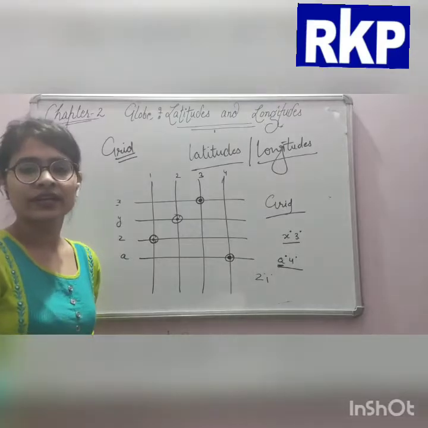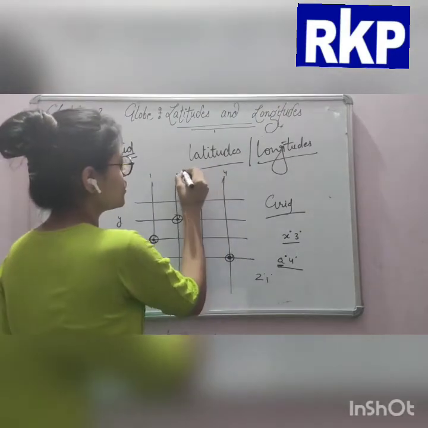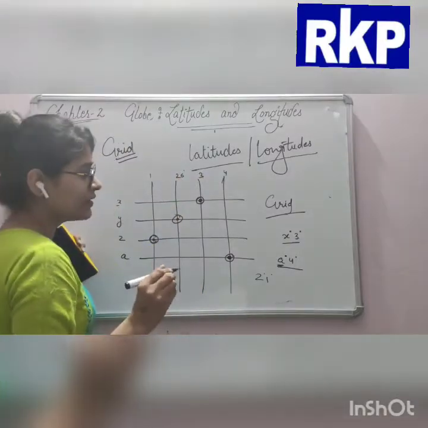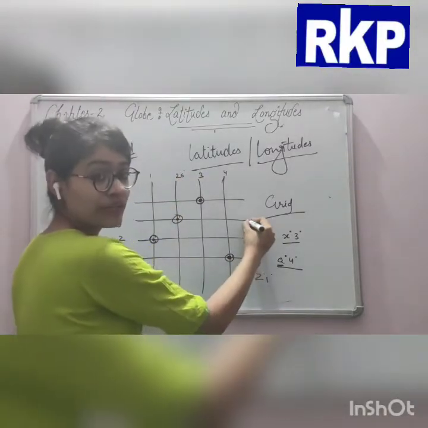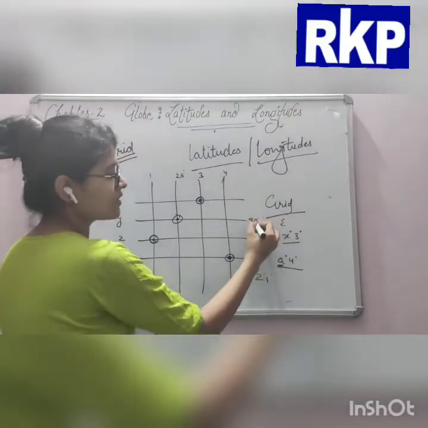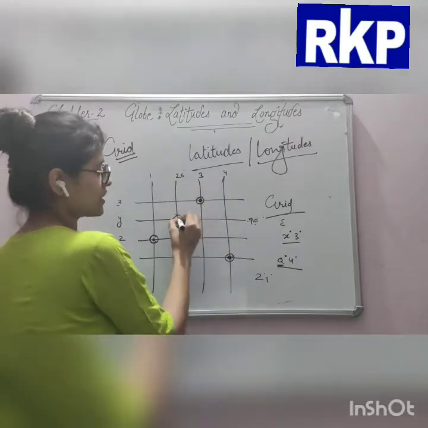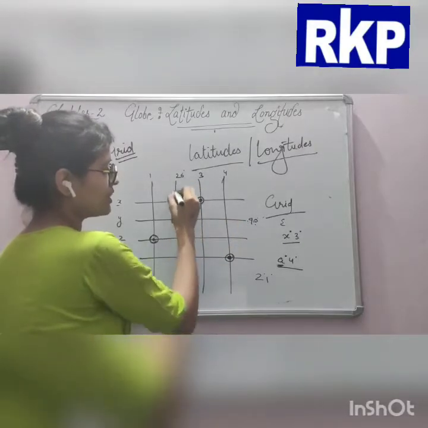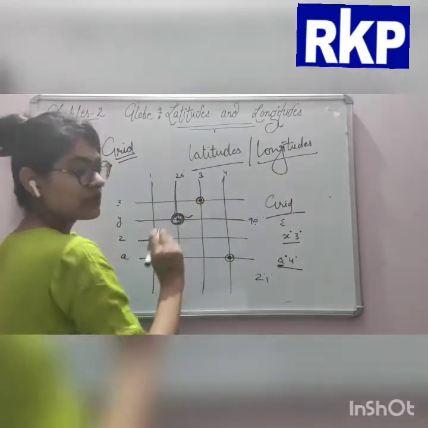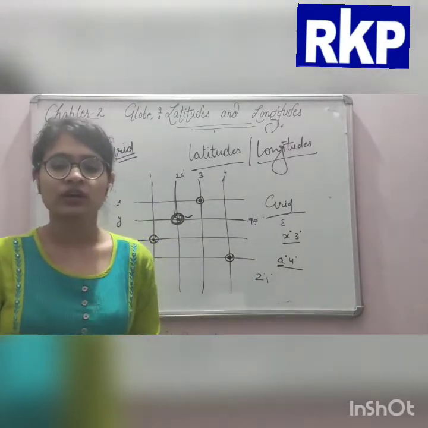That is located at 26 degree north, and suppose here 26 degree north, and it is at how many degrees? That is 90 degree east. Suppose this is the 90 degree east line. So it is intersecting here. It means we are talking about this place. Clear? This is the way to locate a place on a globe.